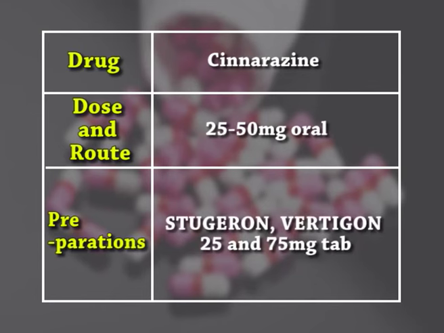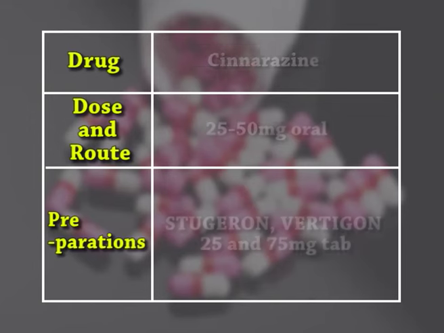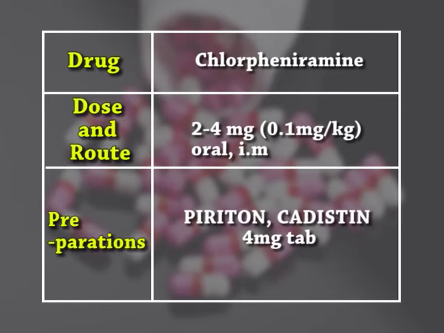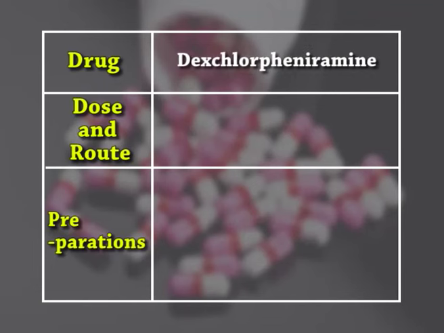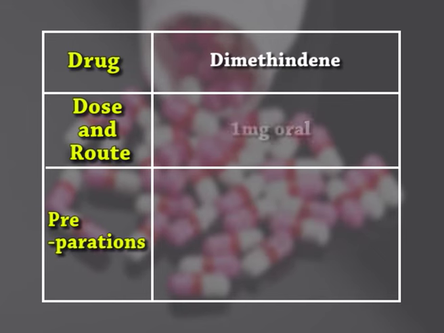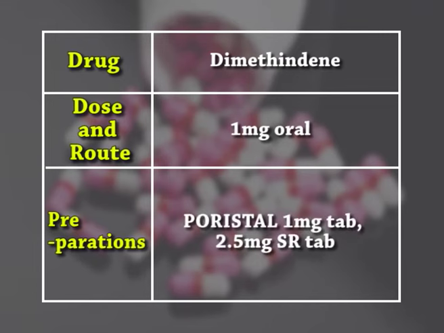Third class of drugs is mild sedative drugs. First is chlorpheniramine, given in a dose of 2 to 4 mg, route oral or intramuscular. Preparations include Piriton and Cadistin. Second is dexchlorpheniramine, given in a dose of 2 mg, route oral. Preparations include Polaramine. Next is dimethindene, given in a dose of 1 mg, route oral. Preparations include Fenostil.